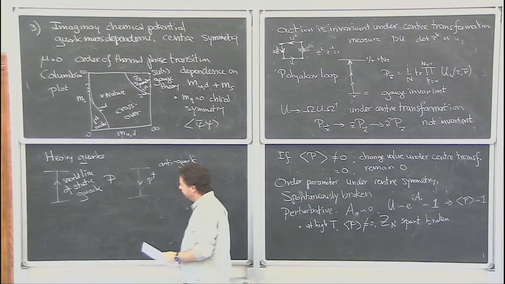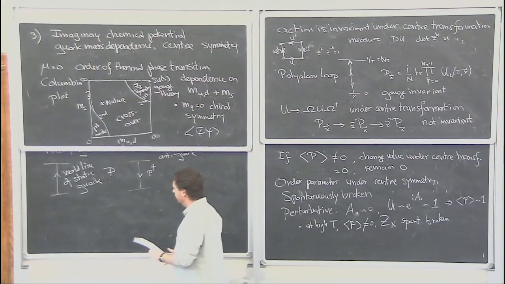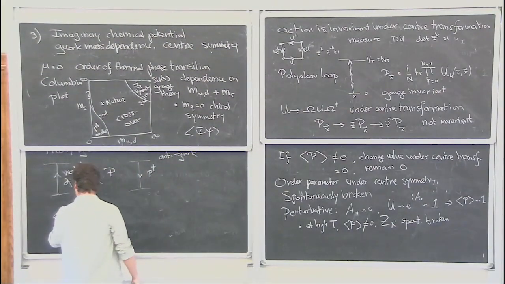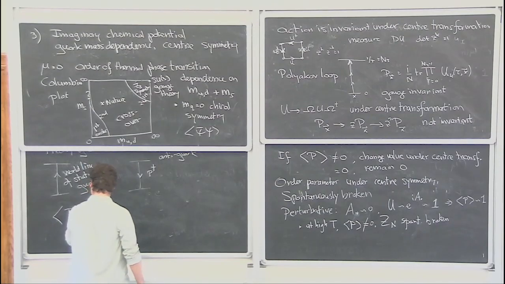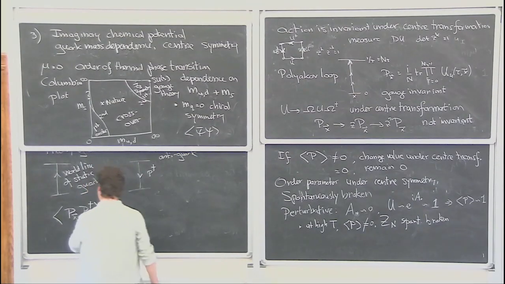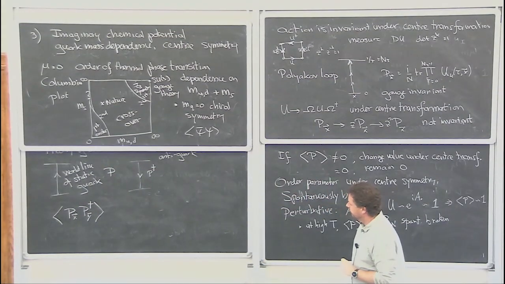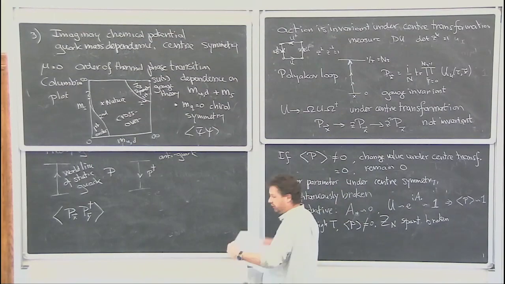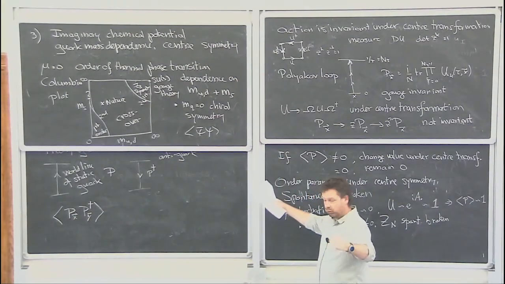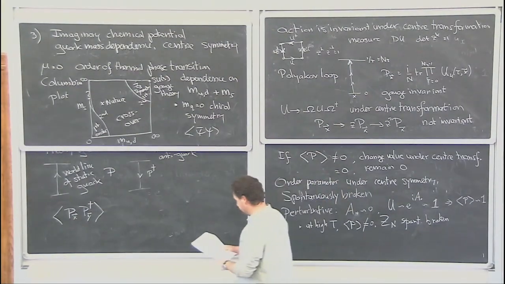And so what I can then study is the correlation between a heavy quark at point X and a heavy anti-quark at point Y, and compute the expectation value of this combination. So this will be the expectation value of two infinitely heavy quarks and anti-quarks. I want to study their correlation.